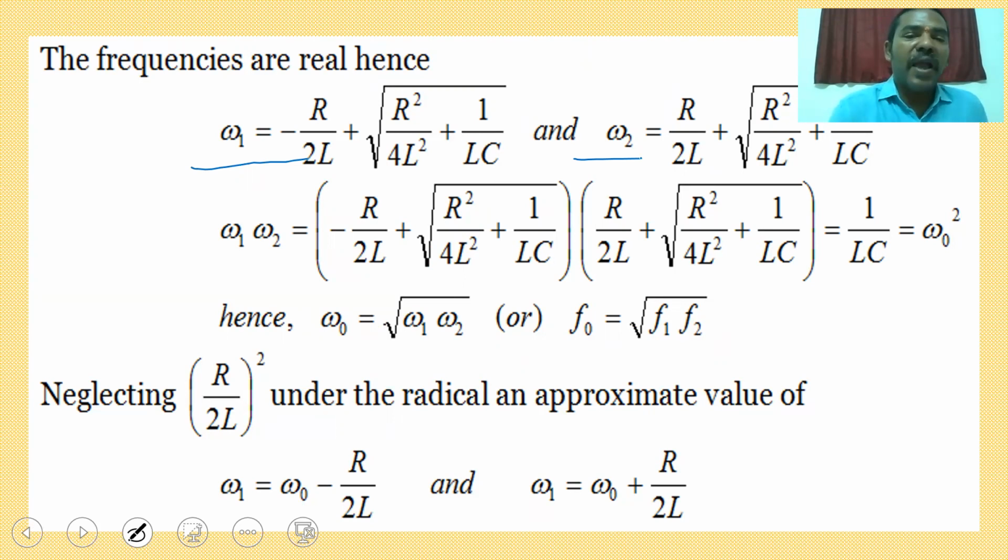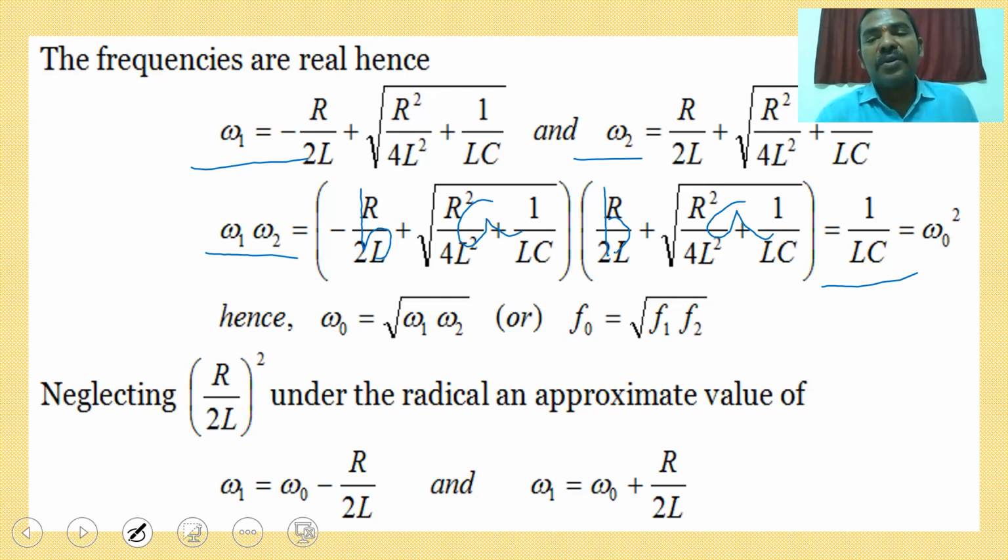If you multiply omega 1 and omega 2, they are complex, in the sense A plus B into A minus B. So finally you can get 1 by LC. A minus B and A plus B gives A square minus B square.